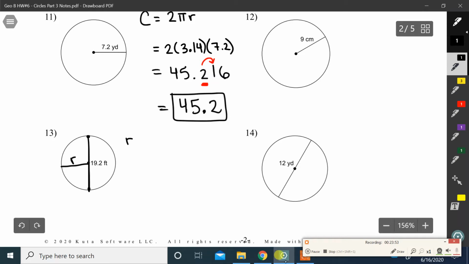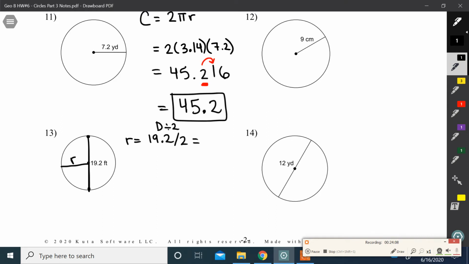So if I want to figure out what the radius is, all I need to do is divide the diameter, d, by 2. So 19.2 divided by 2, that's going to give you 9.6 for the radius.